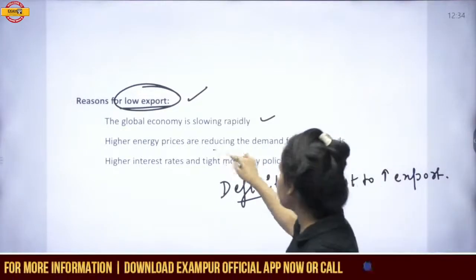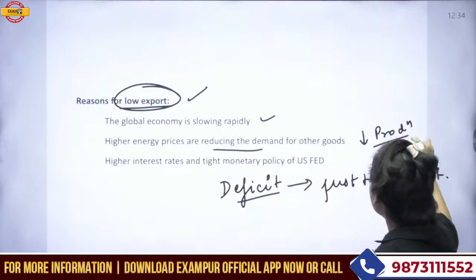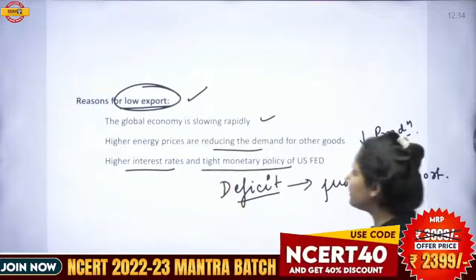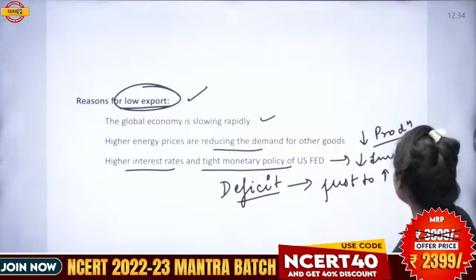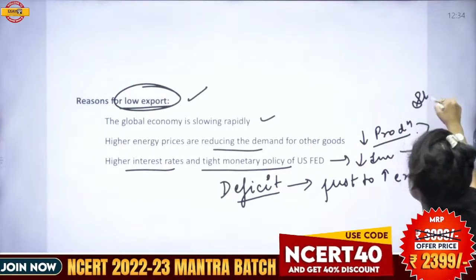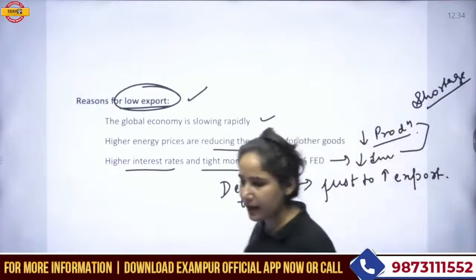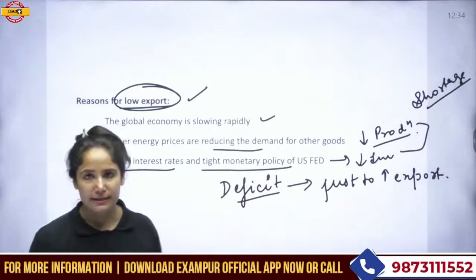Higher energy prices are declining the base for production. We are not able to increase our production or increase the supply. Higher interest rates, tighter monetary policy somewhere, are declining the investment. Both things are contributing towards the shortage of supply side. This is the main reason why we are exporting less.